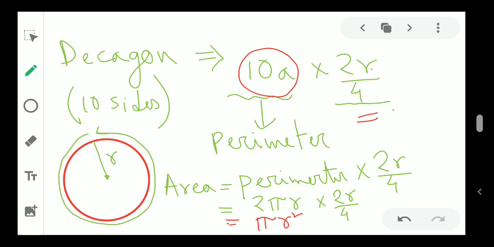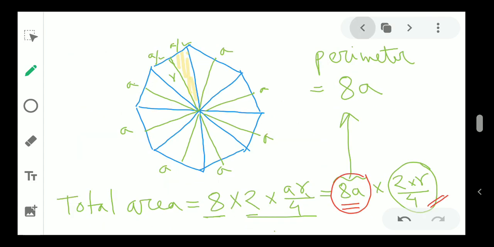So for a circle, if I keep on increasing the number of sides like decagon, then 12 arms, then 14, then 100, 10,000, ultimately there is a chance that I will get a circle like this. And then the area of the circle should follow the same formula as decagon, octagon, all these.